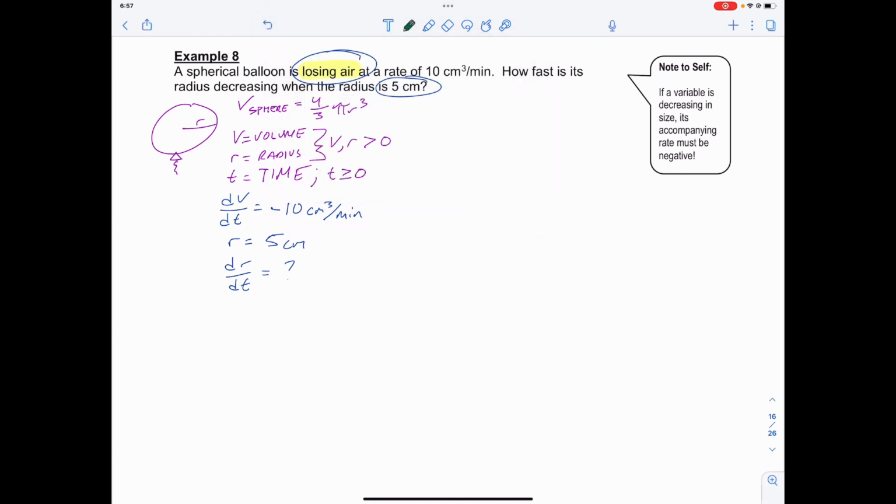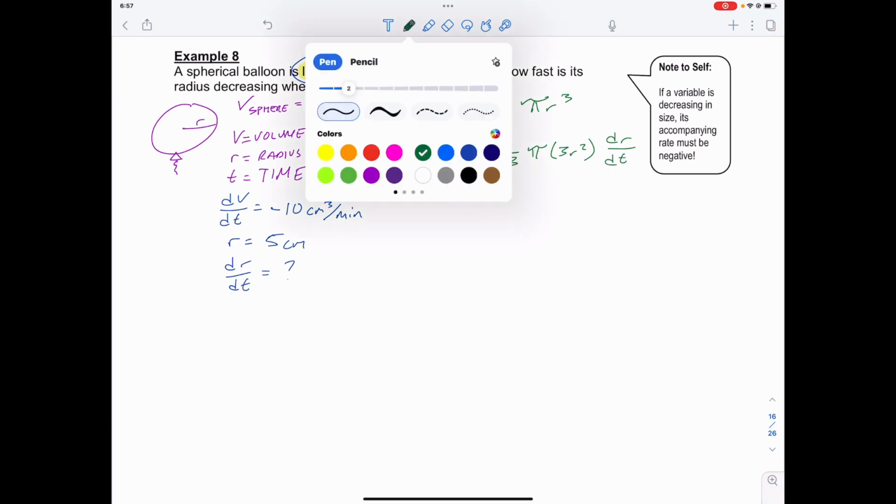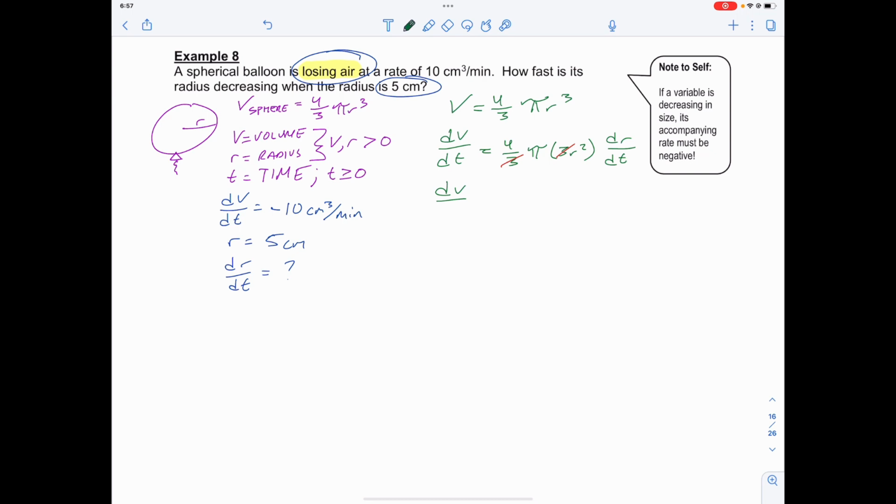So if V is equal to 4 over 3 pi r cubed, then dV over dt is going to equal 4 over 3 pi and then 3r squared times dr over dt. Well, the times 3 and divide by 3 are going to cancel each other out. So I'm going to say that dV over dt is equal to 4 pi r squared times dr over dt.